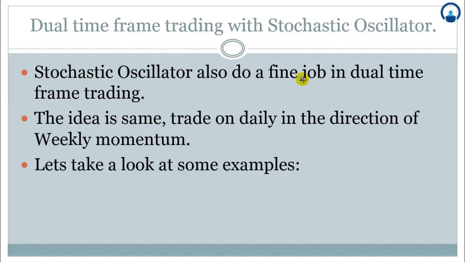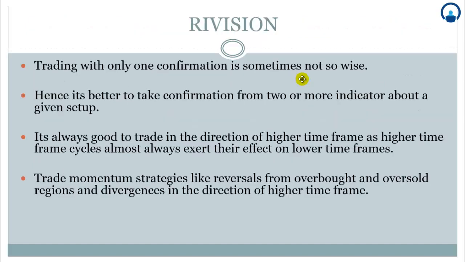So from the examples you learned, the stochastic oscillator can be used in multiple time frames to trade the markets, and you saw how the uses can increase the efficiency of your trading. Let's take a final revision of what we learned in previous chapters. Trading with only one confirmation is sometimes not a wise decision.